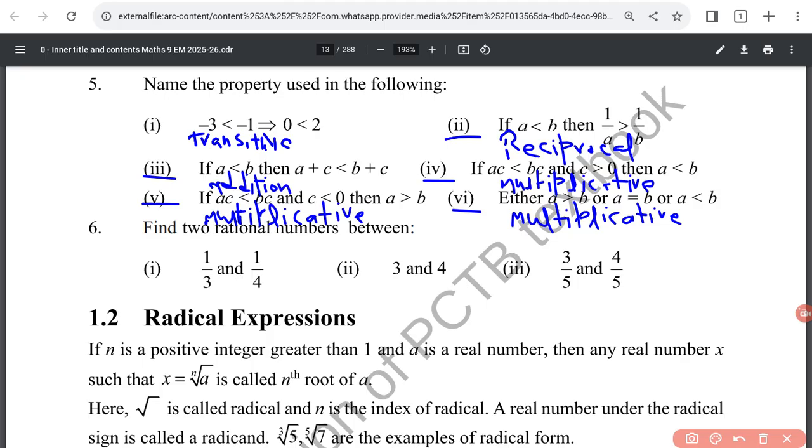Okay, so question 5 is finished. I hope you guys understand it. Now we move towards question 6.